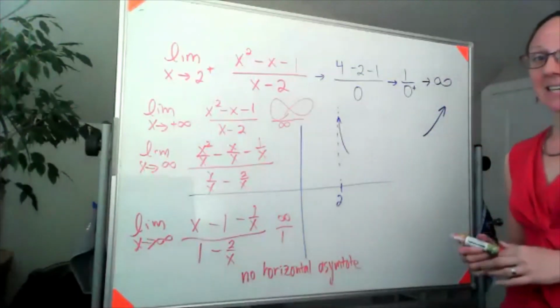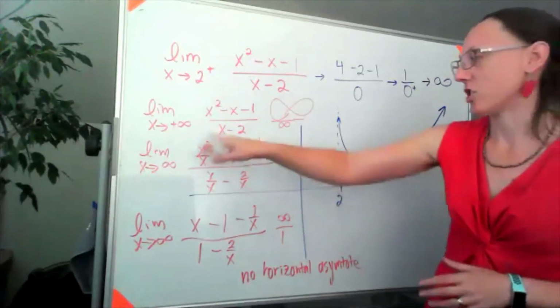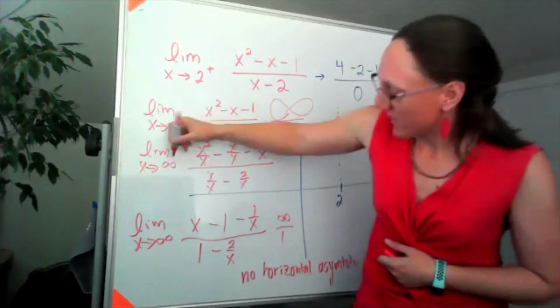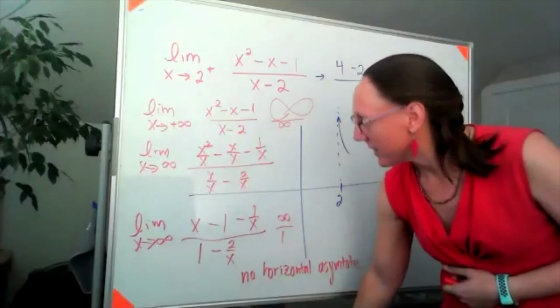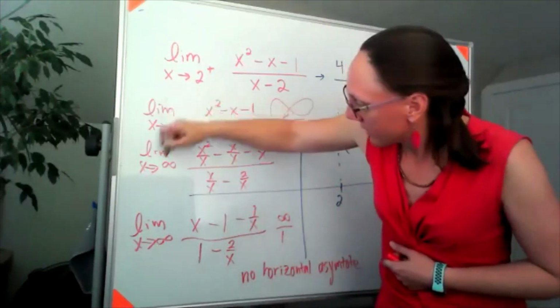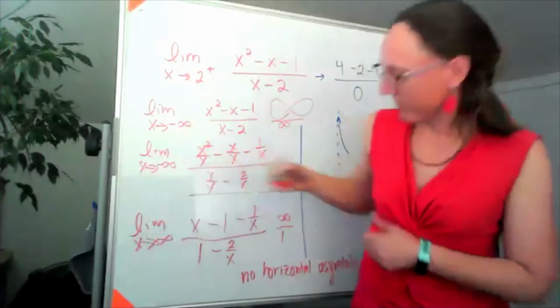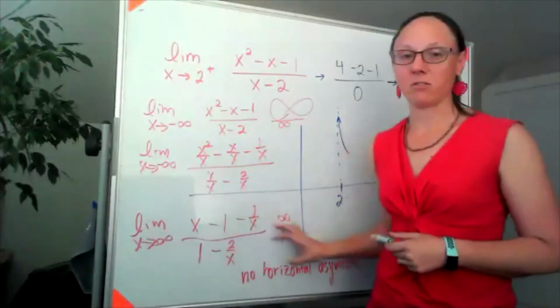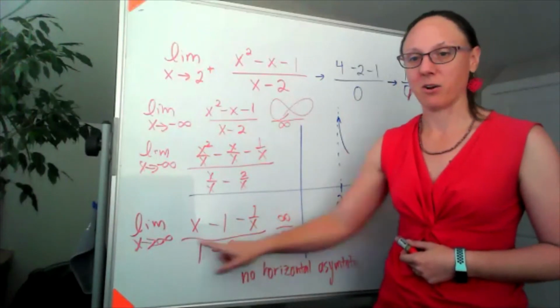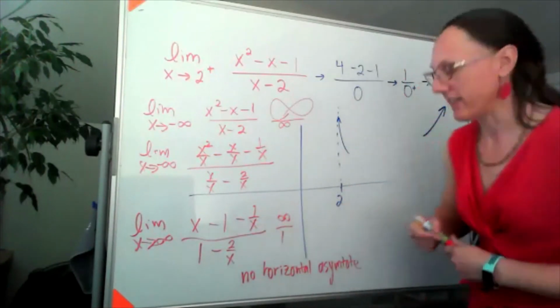I'm going to be lazy and come back through and switch everything to a negative infinity, but not rewrite it. So if I take instead the limit as x approaches negative infinity, then when I get down to this last step, that's still going to 0, that's still going to 0, but I'm plugging in a negative infinity right there.